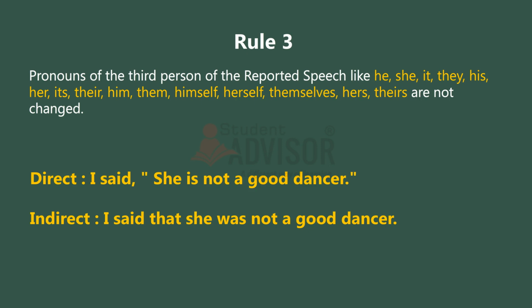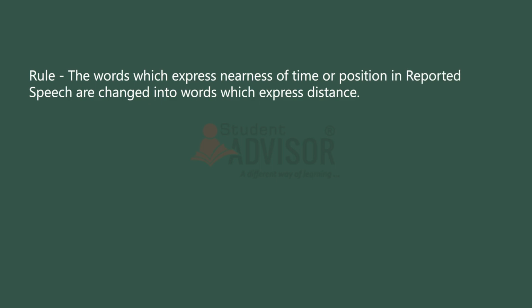Next, let us learn the rules for changing words that express time or position. Rule. The words which express nearness of time or position in reported speech are changed into words which express distance.